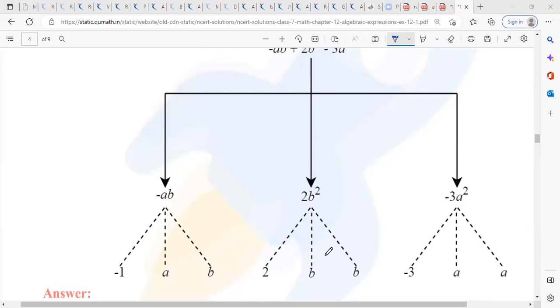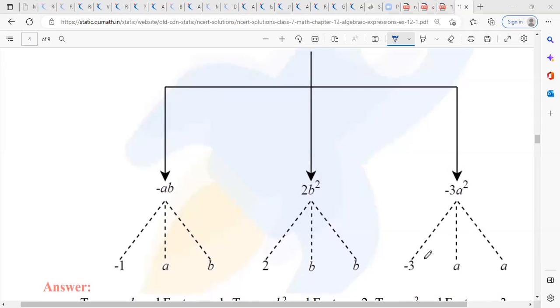Ma'am, B square. And the factor? Ma'am, 2. For this, the factor is -3 and the term is A square. Very good.